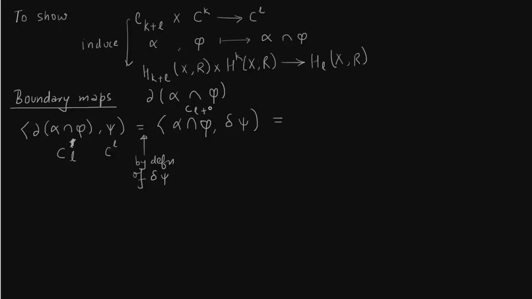You just have to think about it, that application of delta is nothing but application of delta there on the left hand side. So notice that we have CL to CL plus 1. Notice how we have increased in degree for the cochain and decreased in degree for the chain.